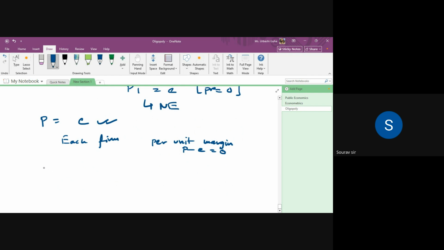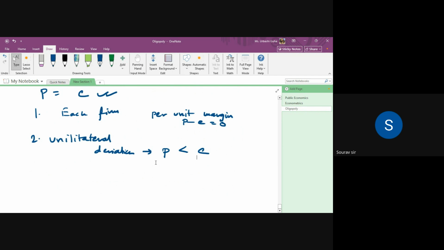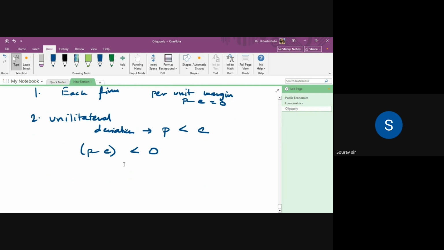We have already done that. That is one point. Second, unilateral deviation. What is that unilateral deviation? Unilateral deviation to P less than C means the deviator captures the market but earns a negative margin. So P minus C is less than 0, so profit becomes negative. It's not profitable.